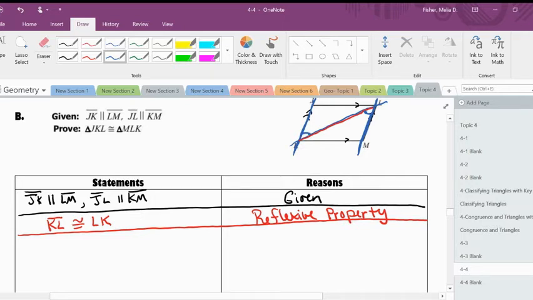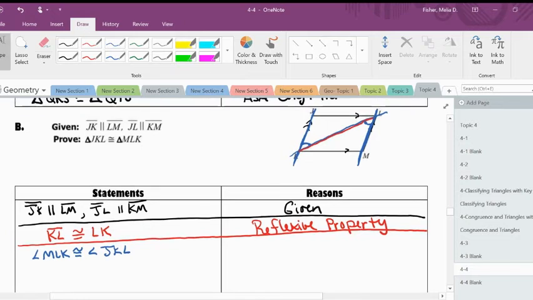So I need to make sure that I name those correctly. I'm going to say the angle MLK is congruent to angle JKL. This is K right here, and this is J right there, in case you can't see that.